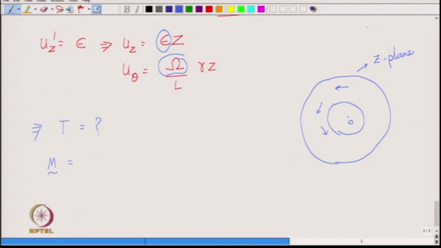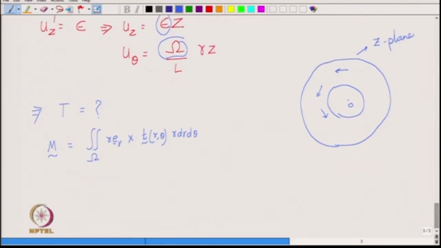So, that is going to be equal to integration over the cross section of the arm of the traction, which is little r E r, cross product the traction T at r comma theta, times dA, the small area, which would be r dr d theta, right.